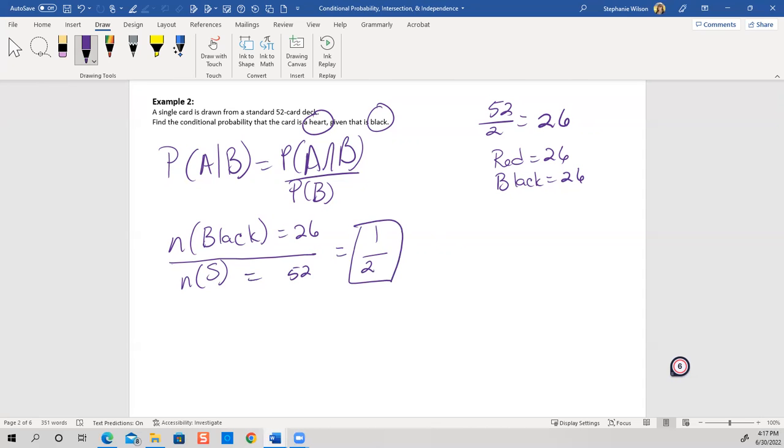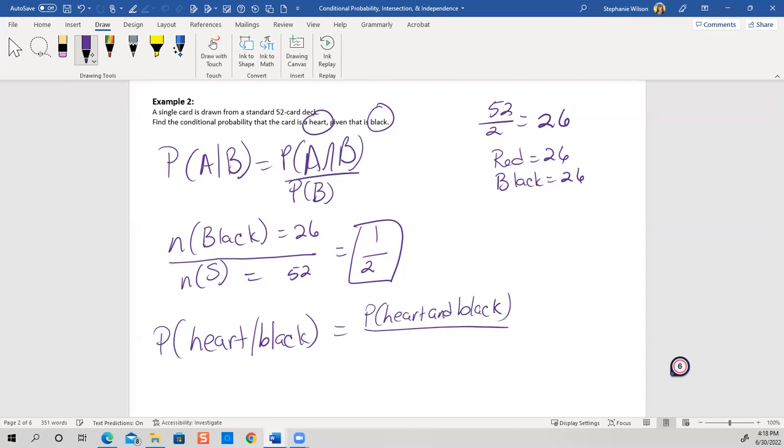Now let's talk about the probability that it is a heart and it's black. We're going to take the probability of a heart and black and divide it by the probability of black.